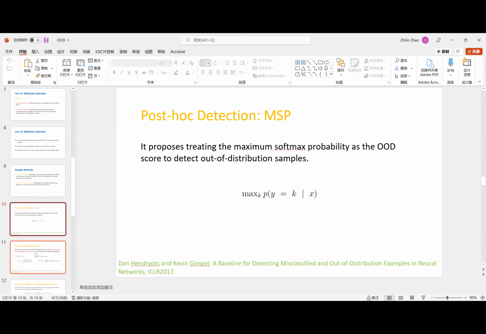For the first kind of method, I show you the baseline method named MSP, and this algorithm is very simple. You can see the equation.